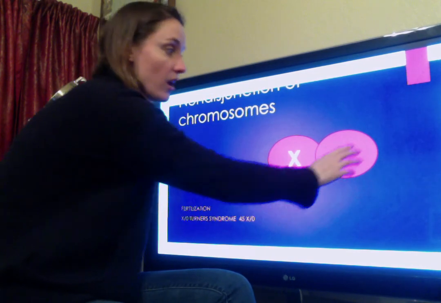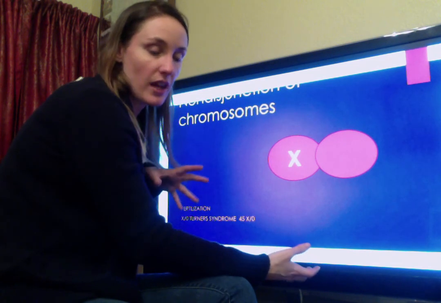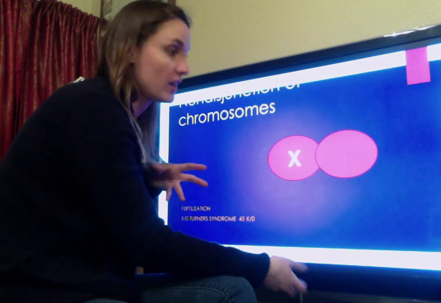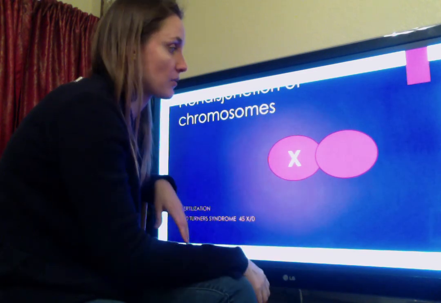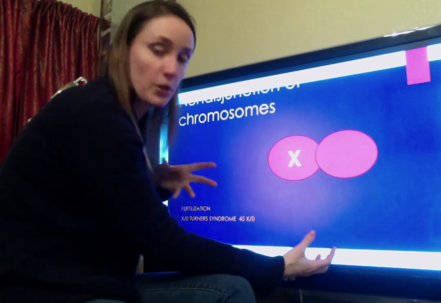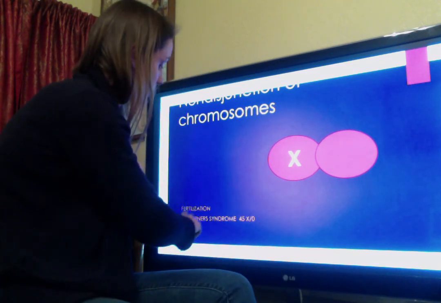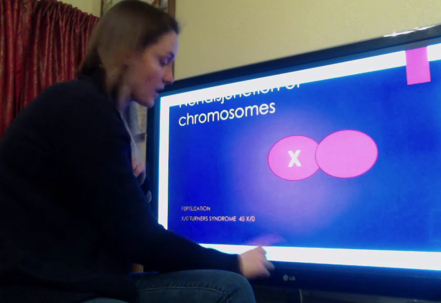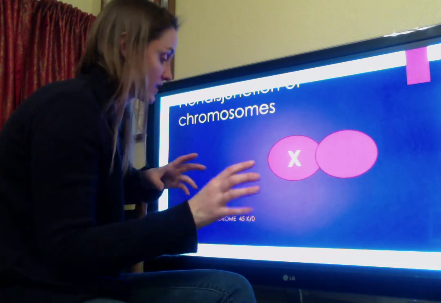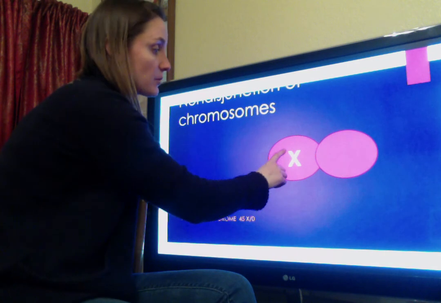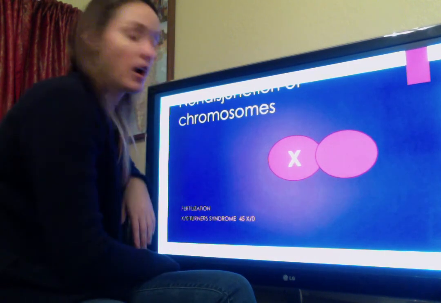Now, because the Y doesn't have a lot of genetic material on it, we're fine. I mean, not fine. You're still missing some genetic material, but the person is going to be able to survive. So this is going to be Turner syndrome. It's going to present with one chromosome short, so instead of 46, they have 45. And it's going to be labeled XO because they're missing that other chromosome.